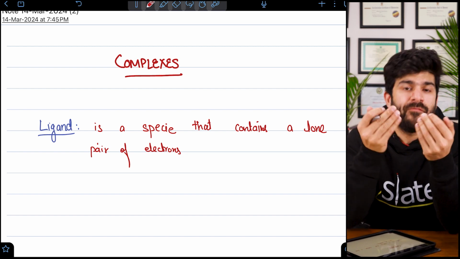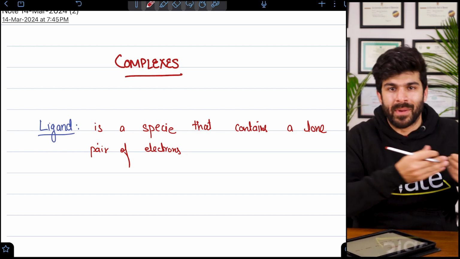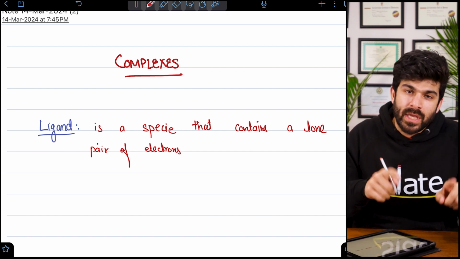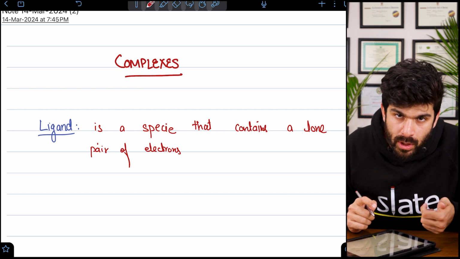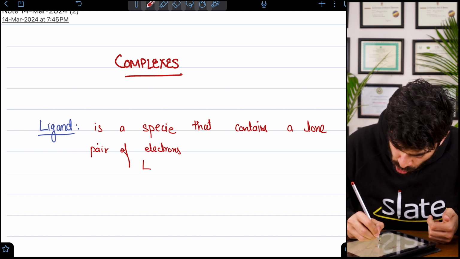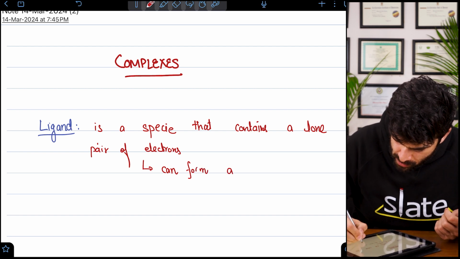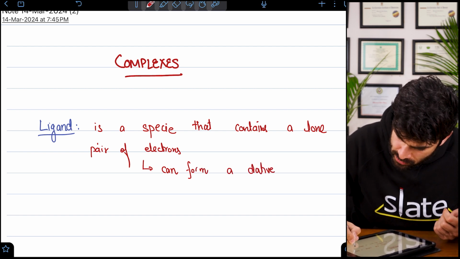With the lone pair, if we go to AS chemistry, the chemical bonding part, if the lone pair is donated, we can form a dative covalent bond.